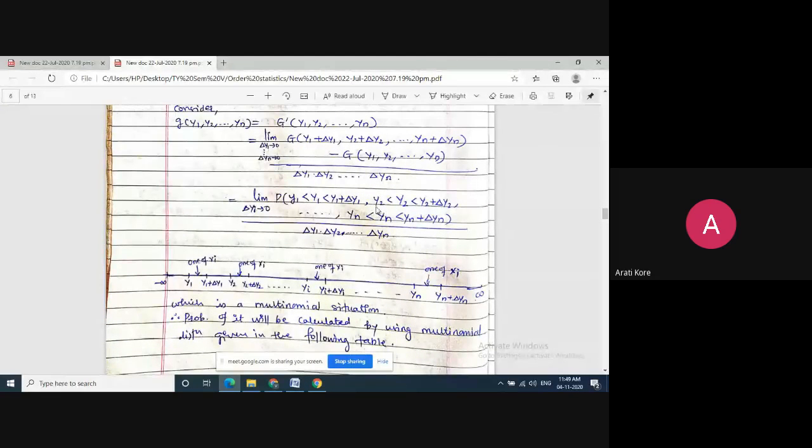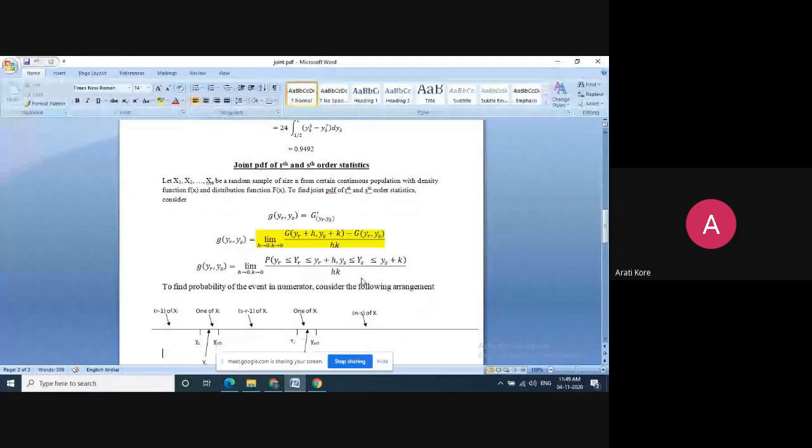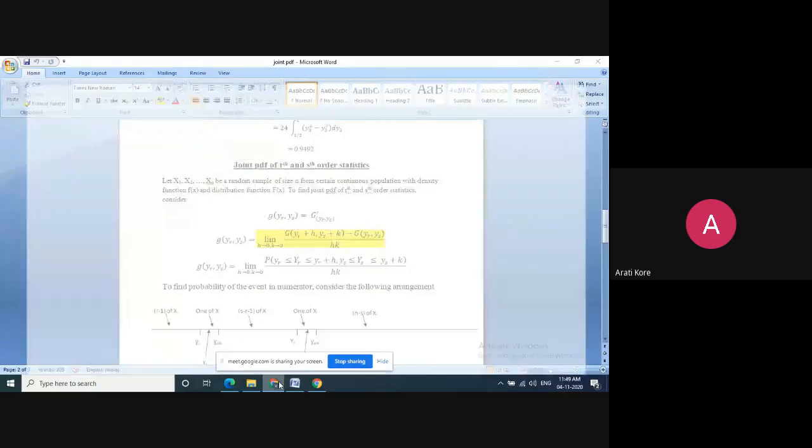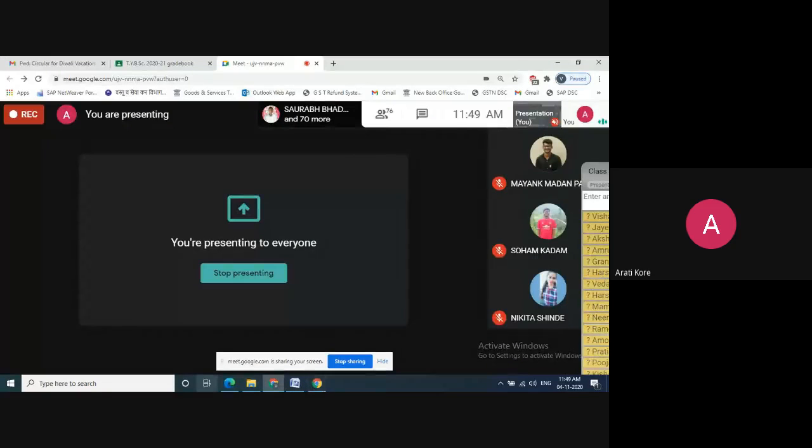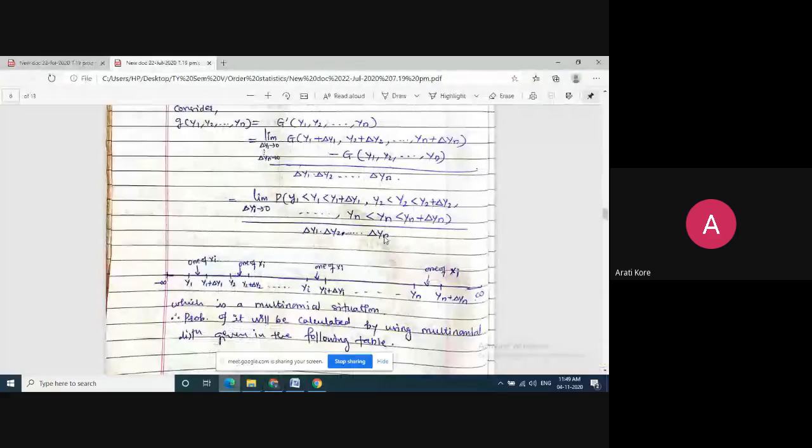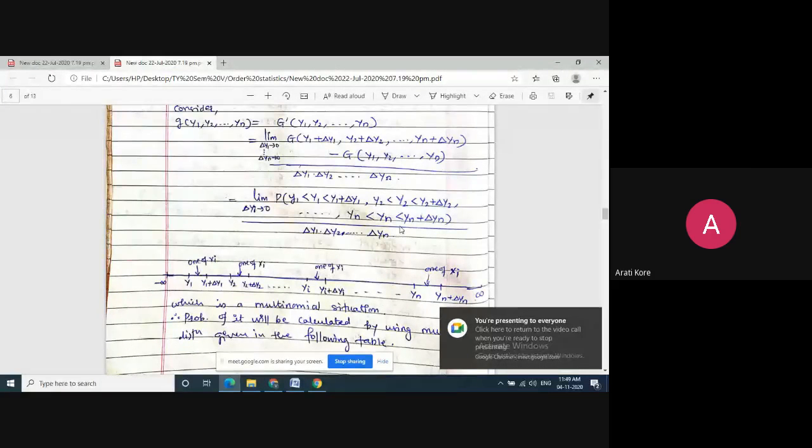How did this come? This I did earlier: y_r lies between y_r to y_r plus h, and y_s lies between y_s to y_s plus k. Same steps we are following, but instead of two variables, now we have n variables, right?